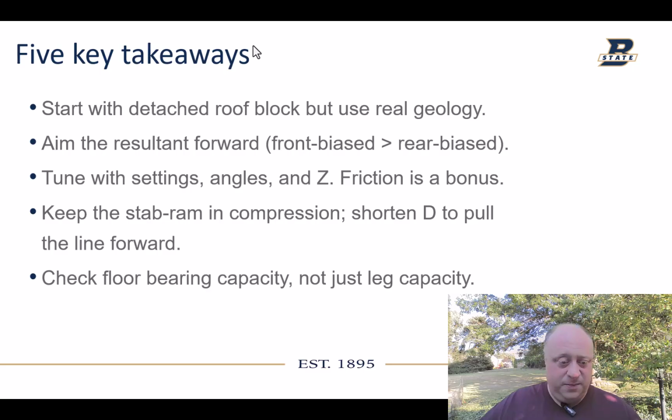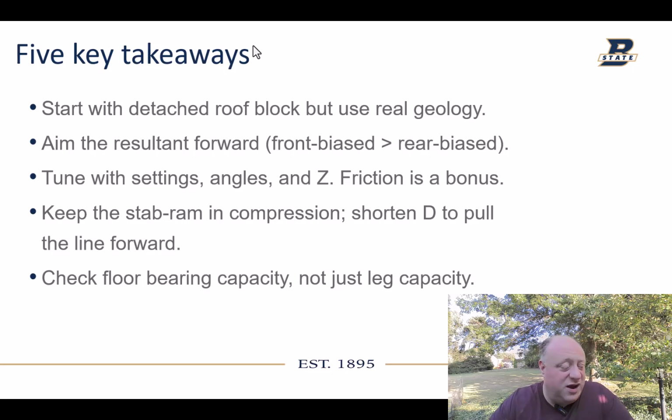Friction can help. And then number 4 is to keep the stabilizing ram in compression. You can shorten that length, that D, to pull the line forward, but it's best to keep your rams in compression. And then, of course, make sure to check the floor bearing capacity, not just the leg capacity.